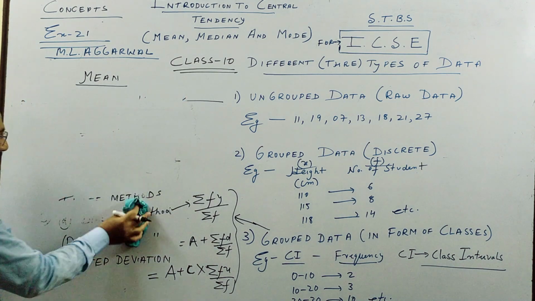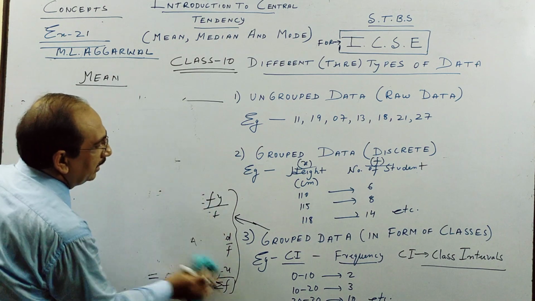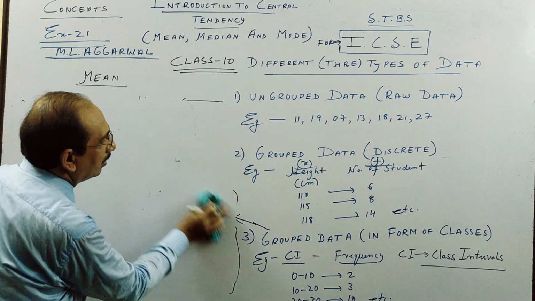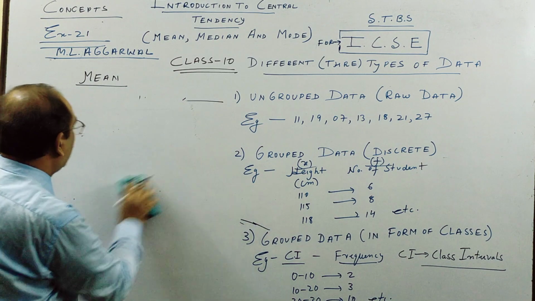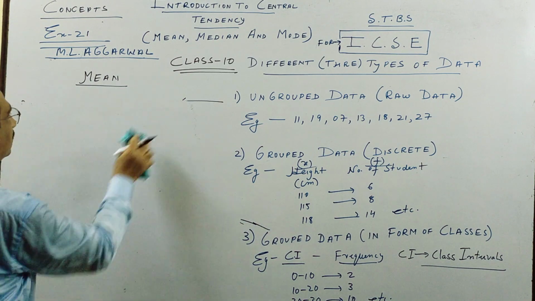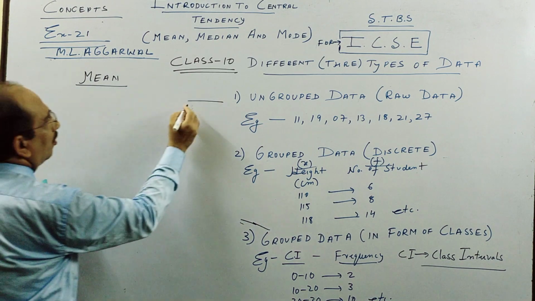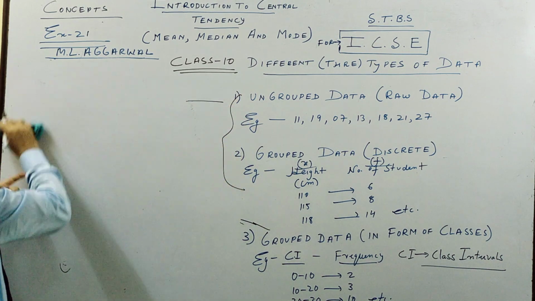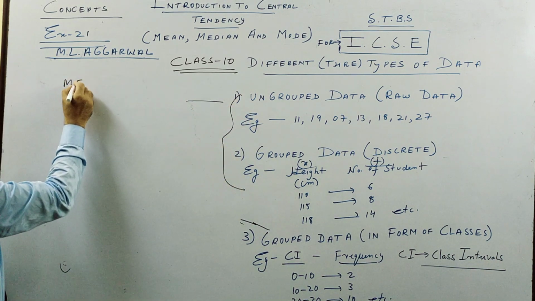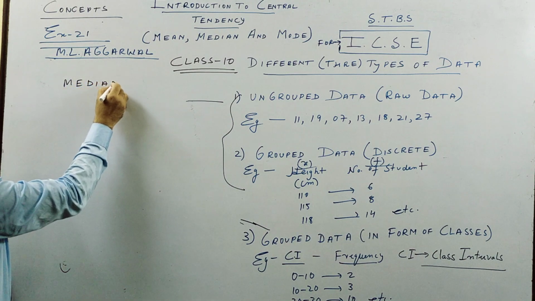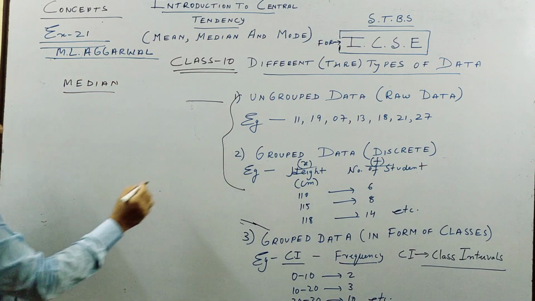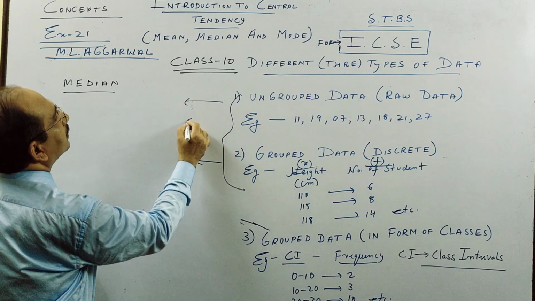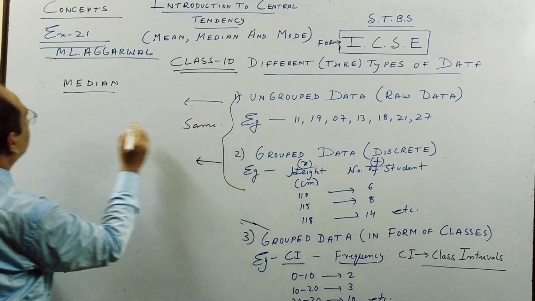So median, children, you see, for these 3 different types of data, if we have median, how are we going to find it? First, median for 1 and 2 is common. If you see, for the first 2 types it is the same. What is it?